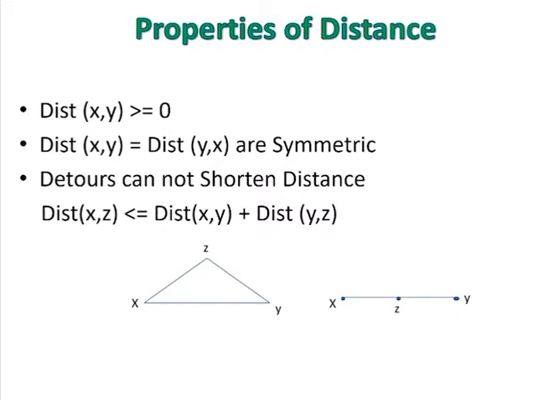You get what I mean? And a situation where the distance between x and y is the same as between y and x, we call that symmetric. You remember in matrix mathematics, if the transpose of an original matrix equals the matrix itself, we talk about symmetric.